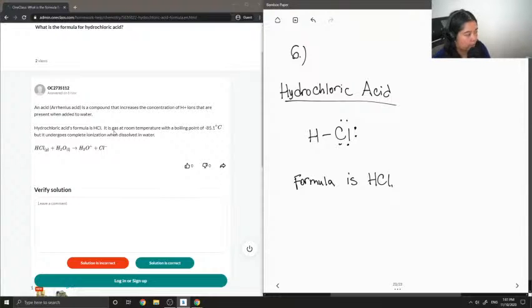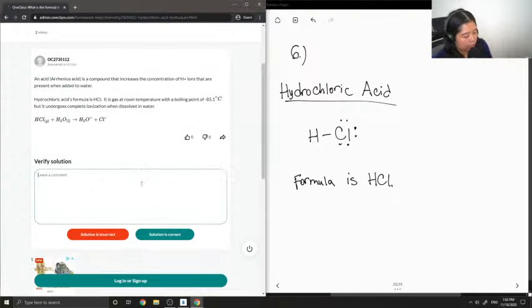So here they actually show when you have the hydrochloric gas mixed with H2O, it produces H3O+ and the chloride ion, so it is a strong acid. And this solution is correct.